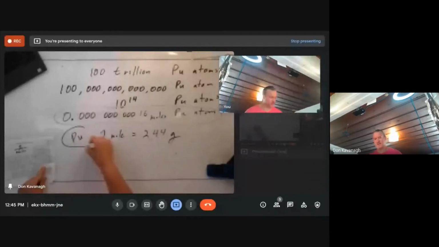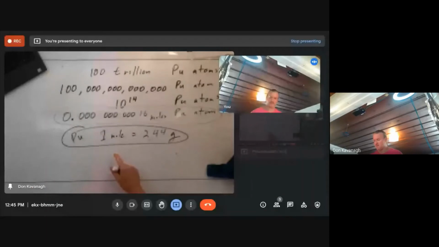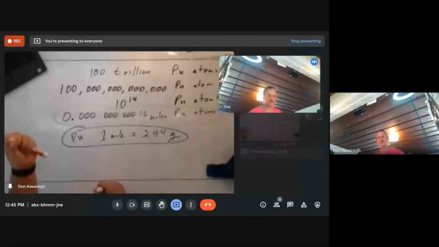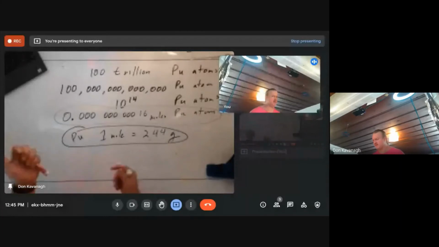So this is how many moles we have. If 1 mole equals 244 grams, and this is much less than a mole, and we're talking about a speck of dust, I bet we have a very small number of grams, because a speck of dust can't weigh more than a thousandth of a gram, something like that.